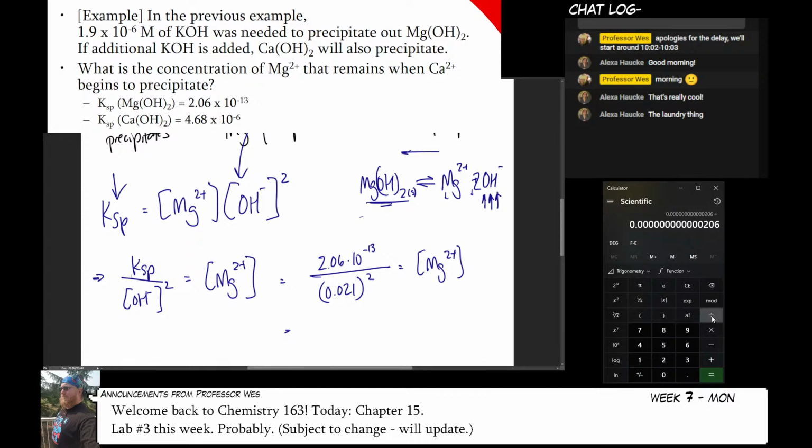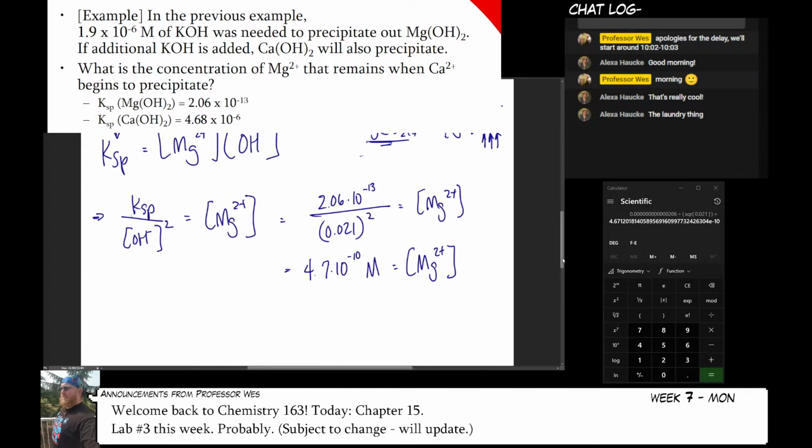So divided by 0.021 squared. All right. So that would be the amount of magnesium that is left in the solution when I have put enough hydroxide in there to start to precipitate out the calcium hydroxide.